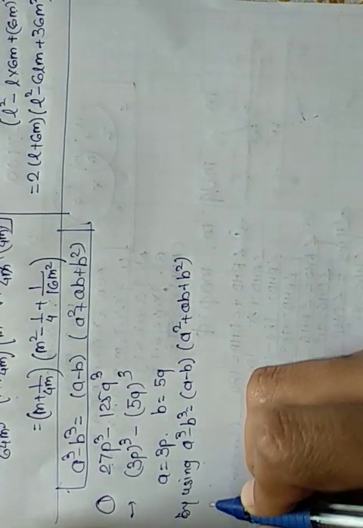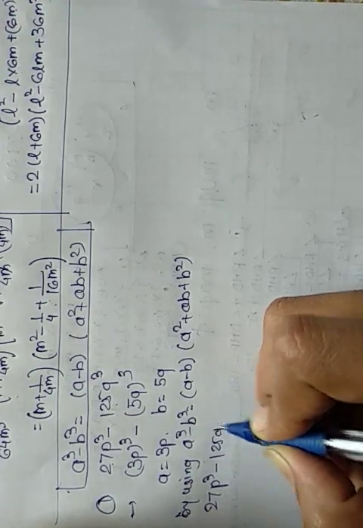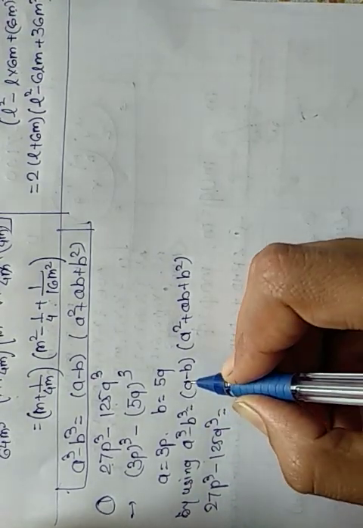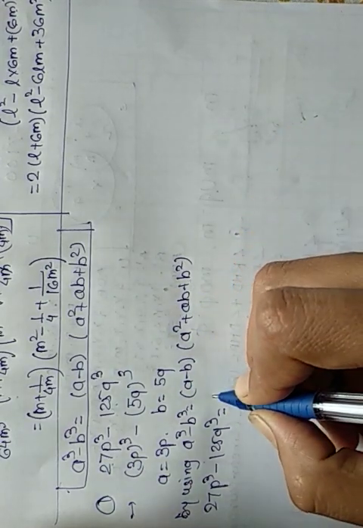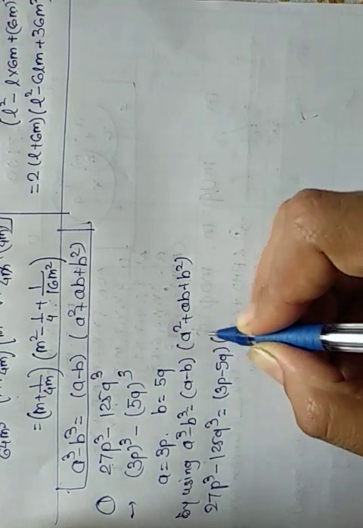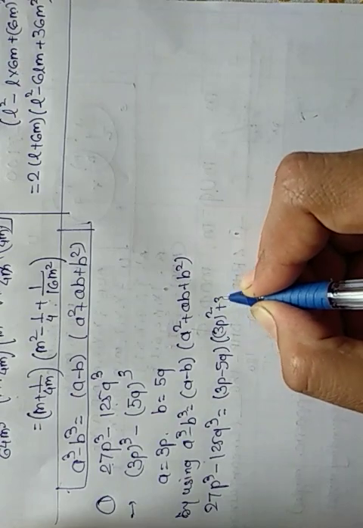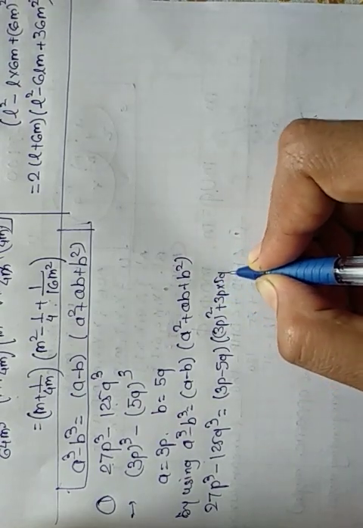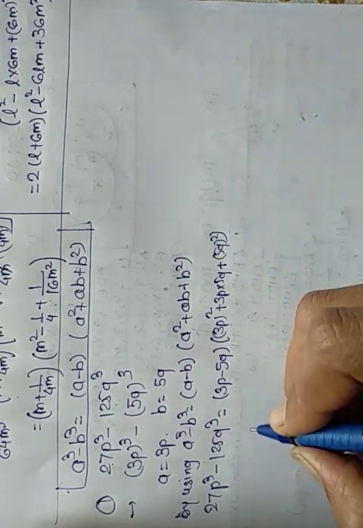So here 27p cube minus 125q cube is equal to the first bracket a minus b. Put the values of a and b in this formula: 3p minus 5q, and in the second bracket a square, that is (3p) square, plus 3p into 5q, plus b square, that is (5q) square.